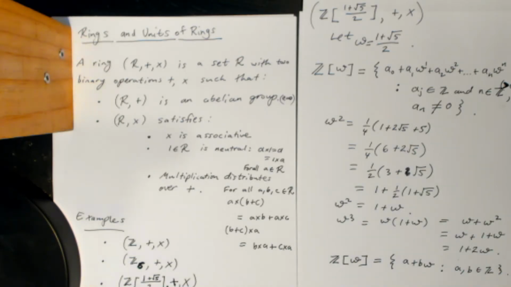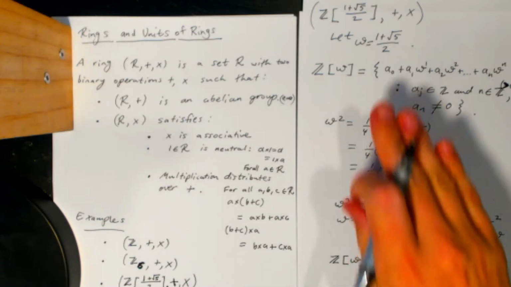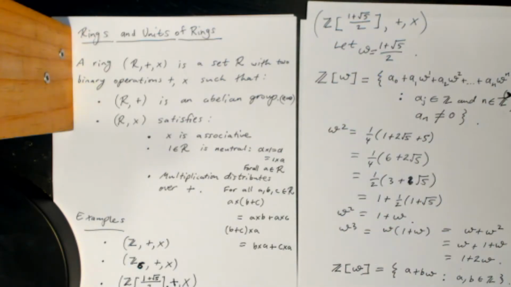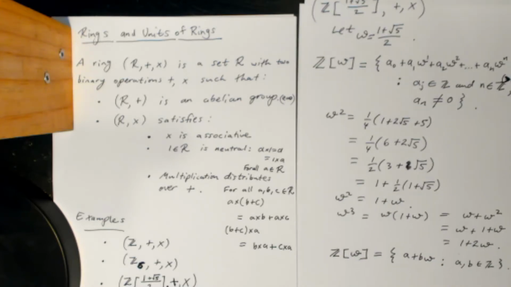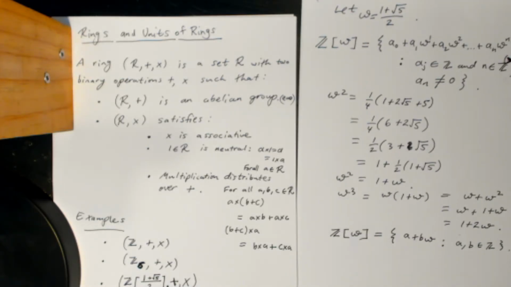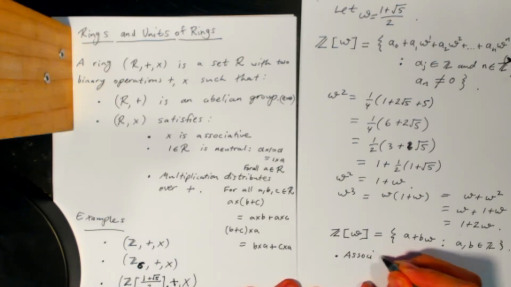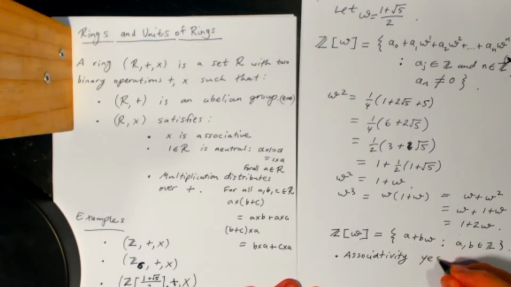Given that, the claim is that this thing is a ring. How do we show that? What we want to do next is say that we have associativity. Associativity is inherited from the associativity of the real numbers.